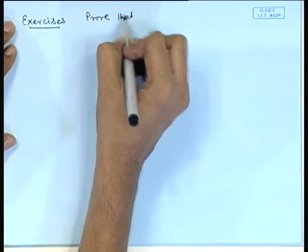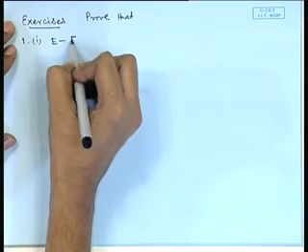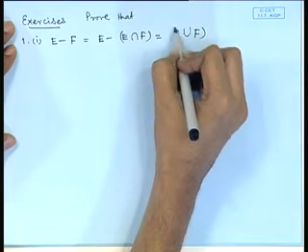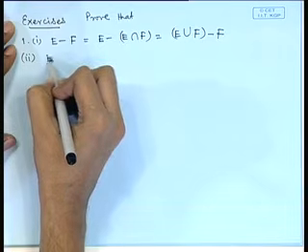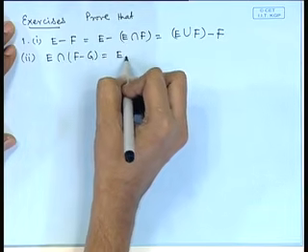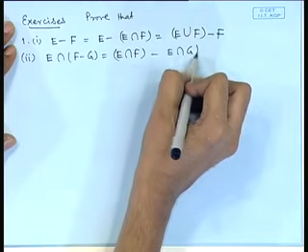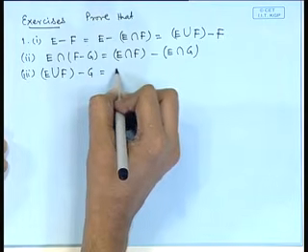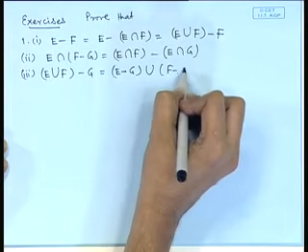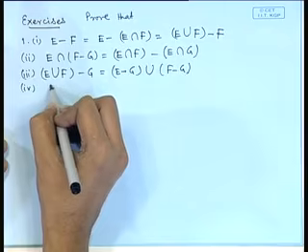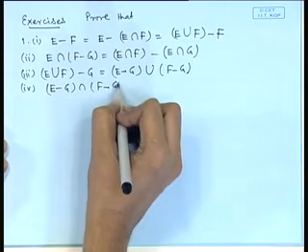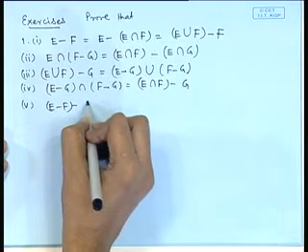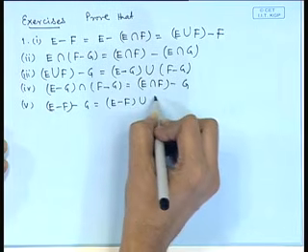Prove that E minus F is equal to E minus E intersection F. It is equal to E union F minus F. E intersection F minus G is equal to E intersection F minus E intersection G. E union F minus G is equal to E minus G union F minus G. E minus G intersection F minus G is equal to E intersection F minus G. E minus F minus G is equal to E minus F union E intersection G.